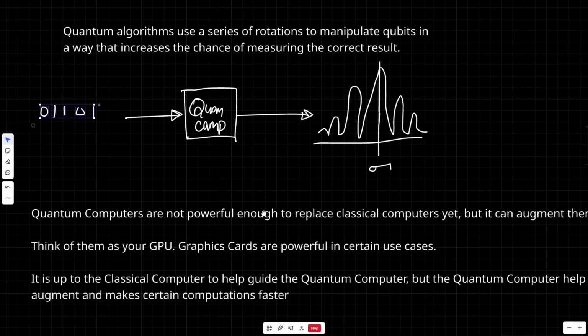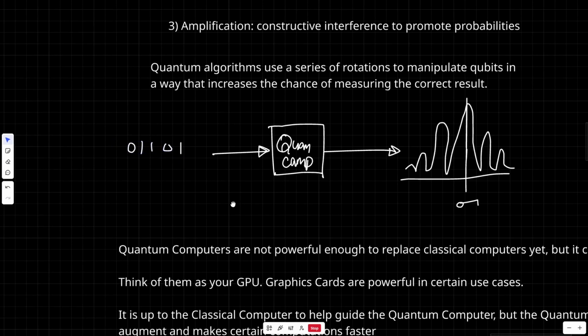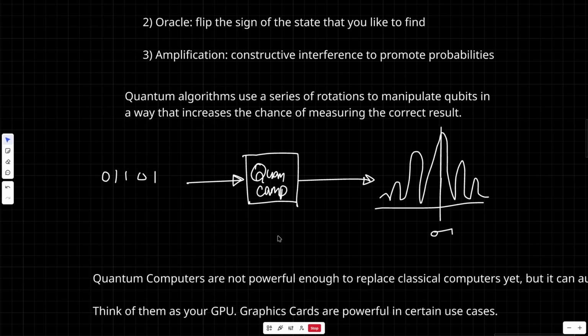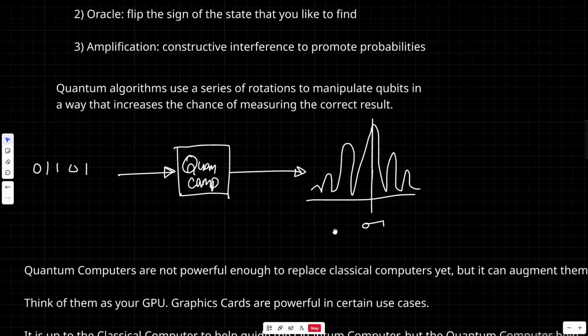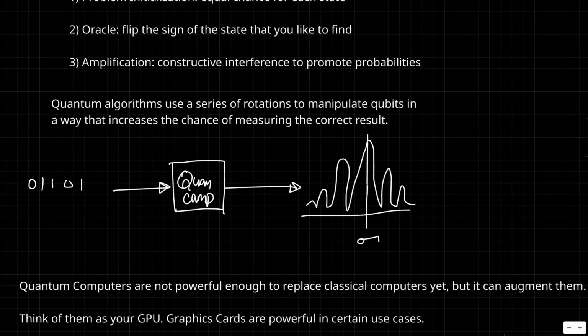Quantum computers are not really powerful enough to replicate classical computers yet. As of right now, they're not in any way replaceable in the next 10 years, but we can use them to augment classical computers.